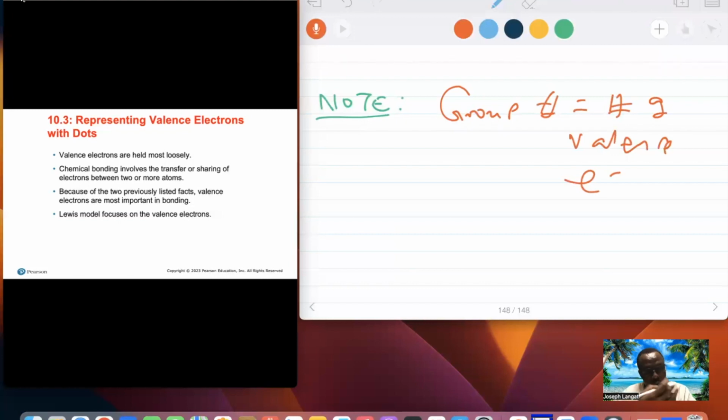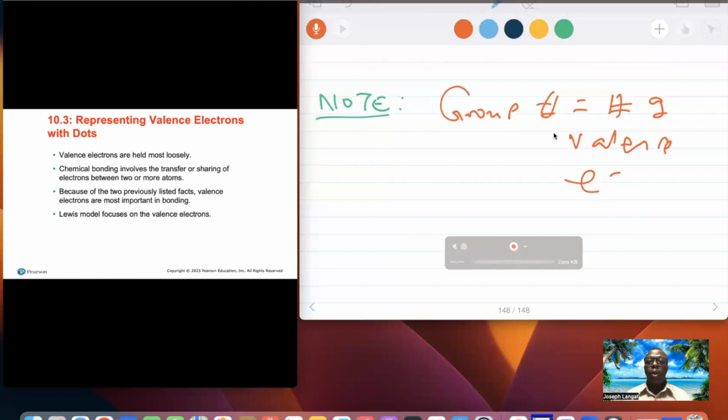For group 1, they'll have 1 valence electron. Group 2, they'll have 2 valence electrons, except for group 8. Helium is the only exception with 2 valence electrons, yet it's in group 8. So you should be able to predict the number of valence electrons given the periodic table.